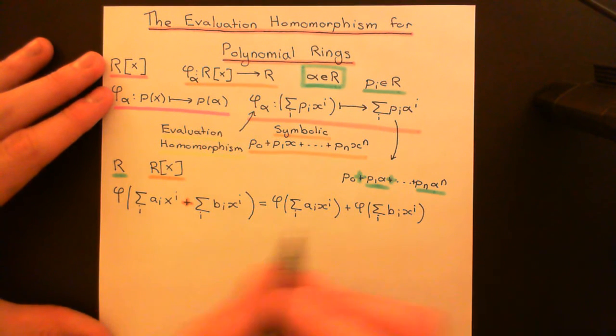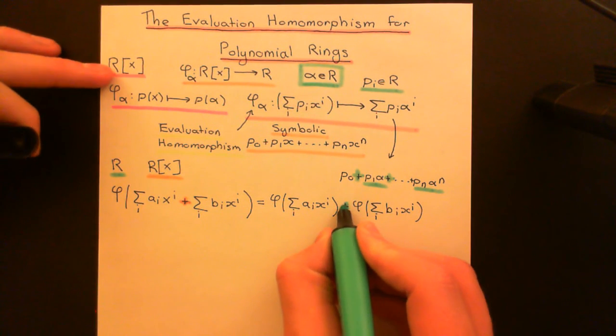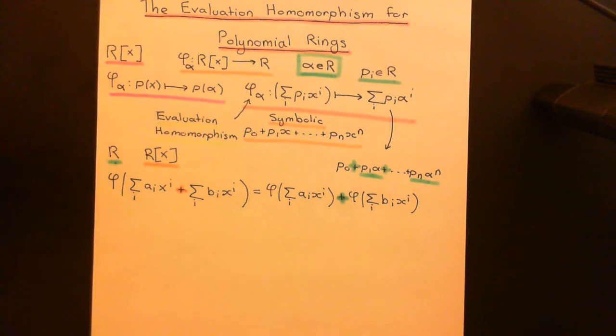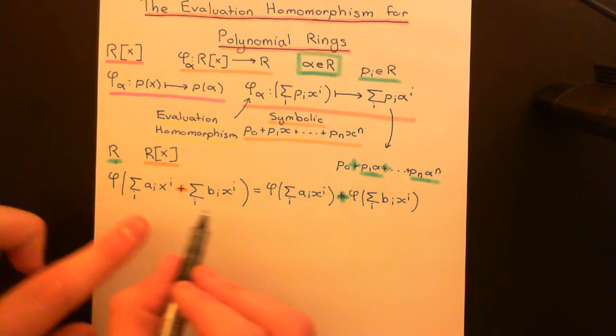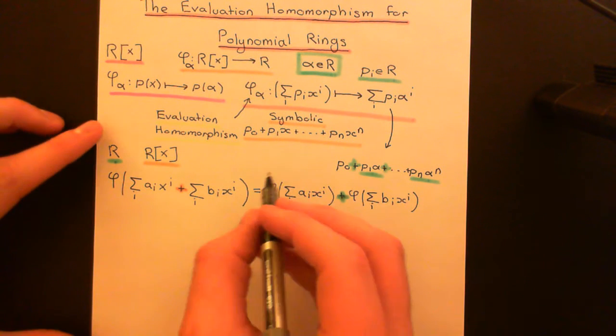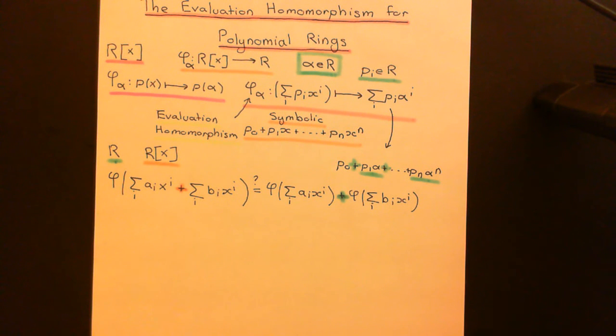Of course, this addition is no longer addition in the domain ring, but addition in the codomain ring, so this is addition in R, so it should be in green there. If additive compatibility is true, this is true no matter what two polynomials a of x and b of x you pick. We don't know this is true, so I'll put a question mark above the equals. This is what we want to prove.